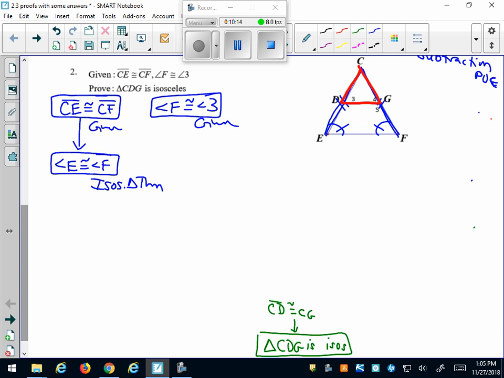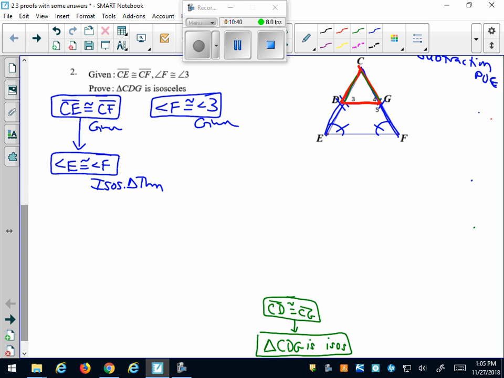Good. CD is congruent to CG. If I know that these two are congruent to each other, that would make this an isosceles triangle, right? Now, it could be any two sides, but based on the way this diagram looks, with what's numbered and what our givens are, it's a pretty good guess that it's going to be CD and CG that are congruent to each other.